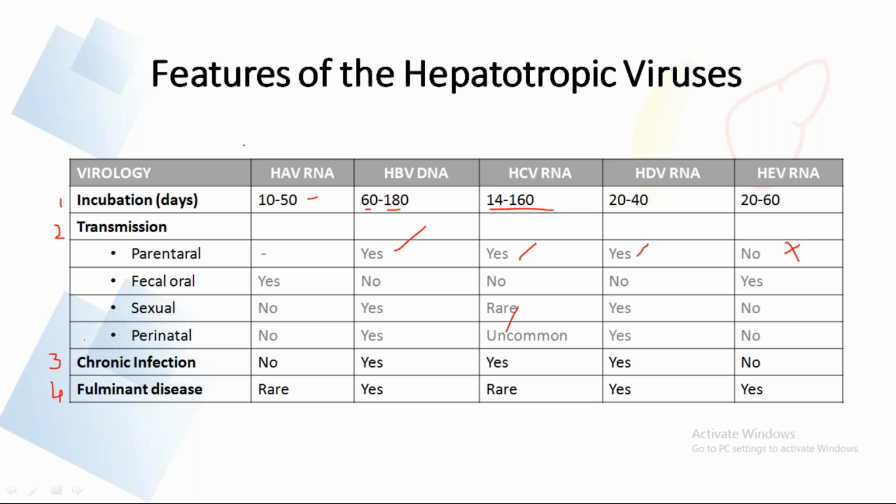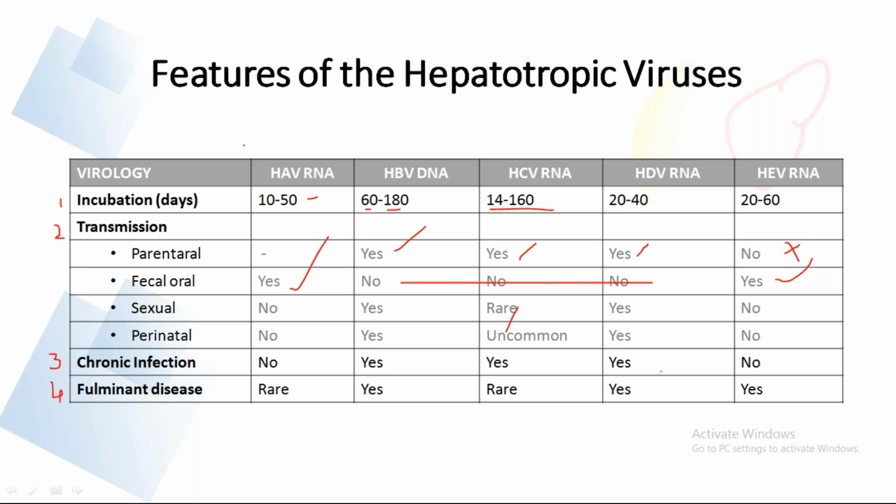So for hepatitis A, I put a dash because there is a possibility of transmission, but usually it's the fecal-oral route. Sometimes, technically, it is possible to transmit parenterally. That's why I put a dash. Now fecal-oral transmission is definitely A and E. The other three do not have fecal-oral transmission.